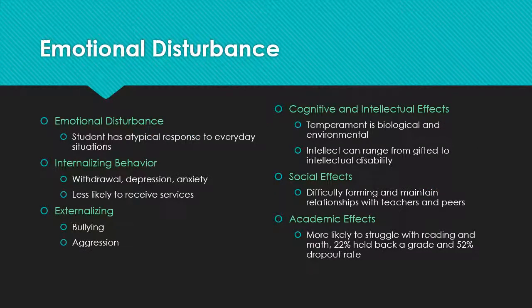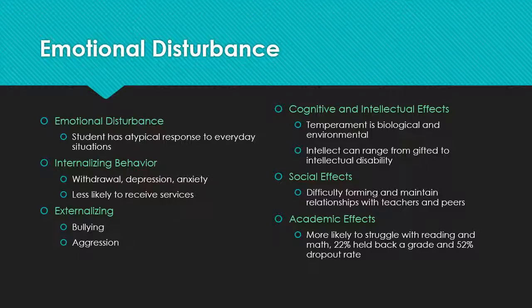So with emotional disturbance, that can include things like anxiety disorders, mood disorders, oppositional defiant disorders, schizophrenia. Basically, there's internalizing behaviors, there's externalizing behaviors, just looking for that and knowing what those look like. Understanding that the temperament is biological and environmental, and socially, students really can struggle with maintaining relationships or building relationships because of the emotional disturbance.